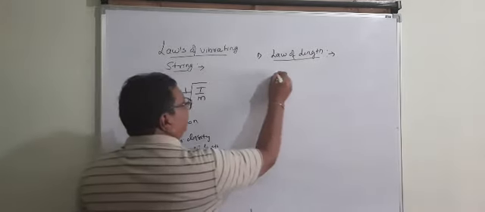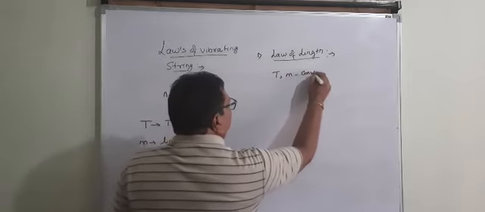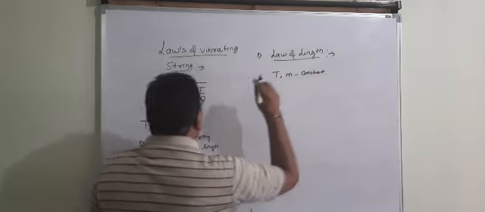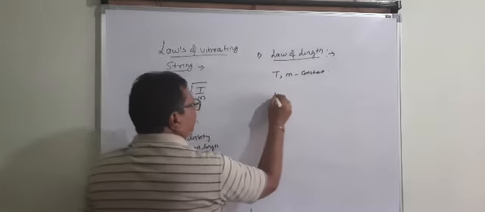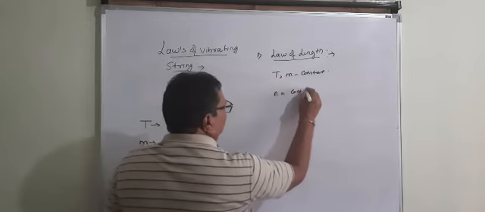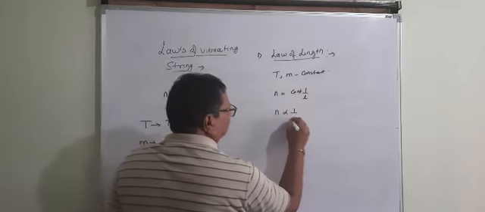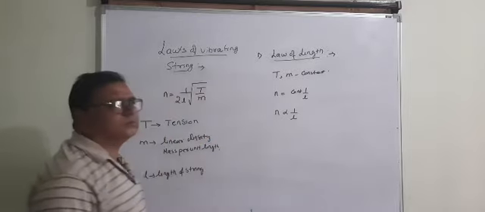If tension and mass per unit length are constant, what do we get? N is some constant divided by L. N is proportional to 1 upon L. This is the law.